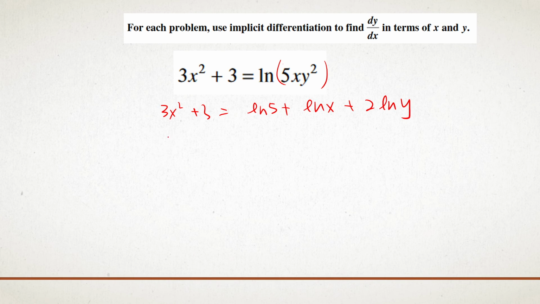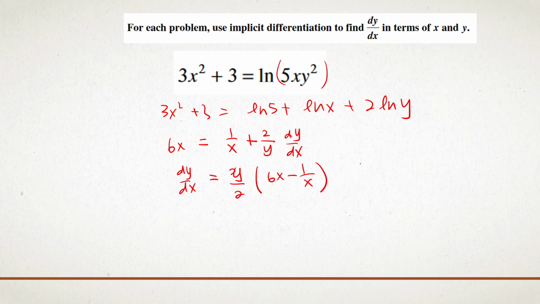Okay, so differentiate. This one is 6x, 3 is 0, ln 5 is 0, so this is 1 over x plus 2y dy/dx. And then finally, I need to rearrange: dy/dx equals y over 2, 6x minus 1 over x.